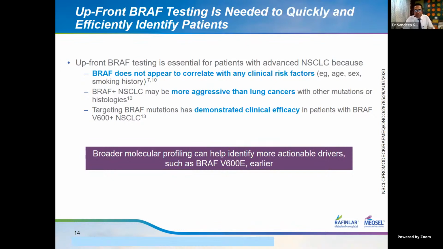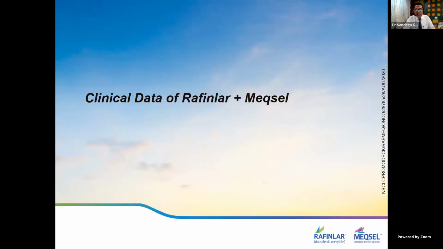Why? Because it does not appear to correlate with any clinical risk factors like age, sex, or smoking history. They are more aggressive, and patients where we can target these mutations have better clinical efficacy compared to the non-BRAF ones. So broad molecular profiling and targeting the BRAF V600 mutation has been the cornerstone of therapy in patients who are BRAF mutated.